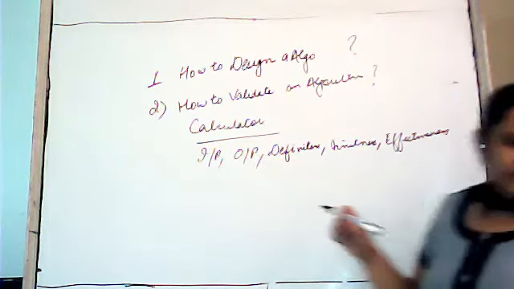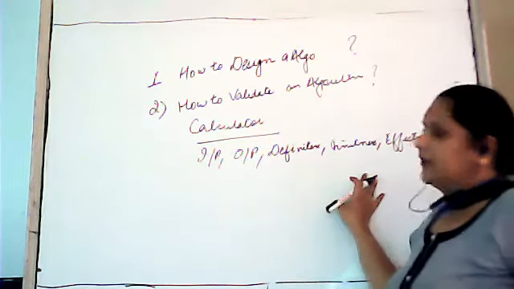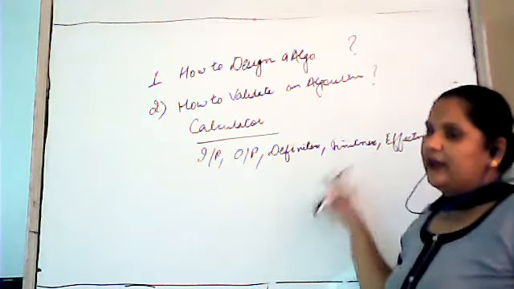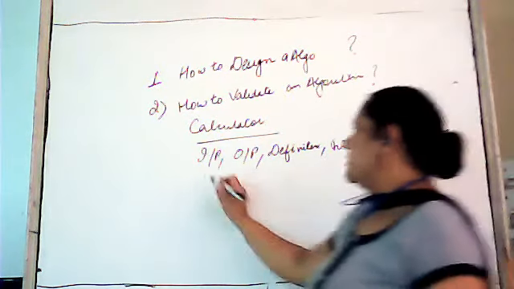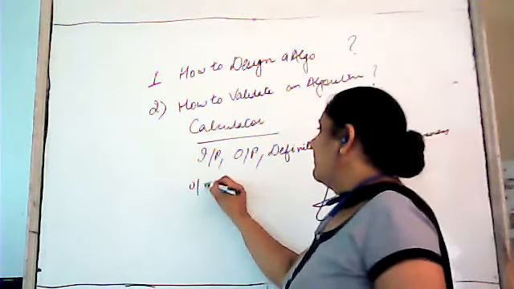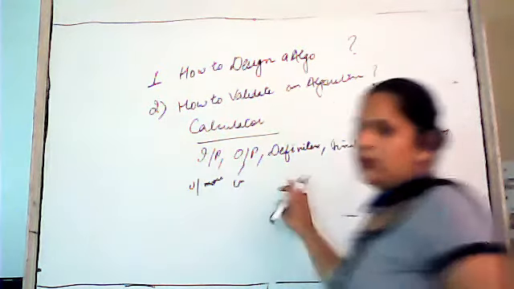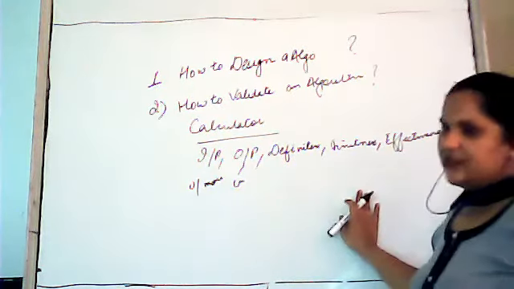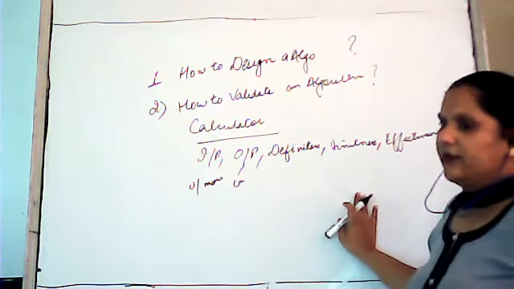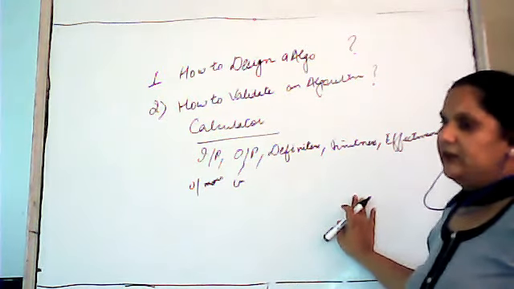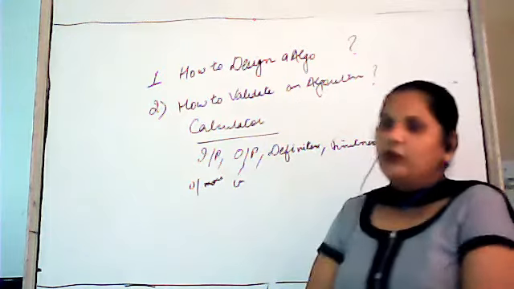After considering all these things, you are going to design the algorithm. Now, after designing the algorithm, you will analyze, meaning after giving the inputs, zero or more, you check whether it is giving the output or not. Now, after designing the algorithm, we have to validate.